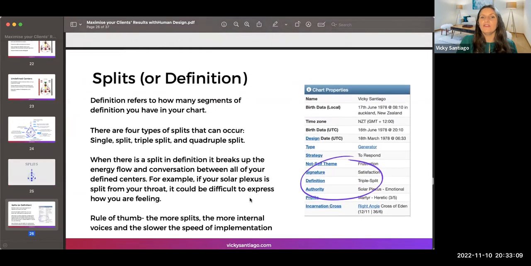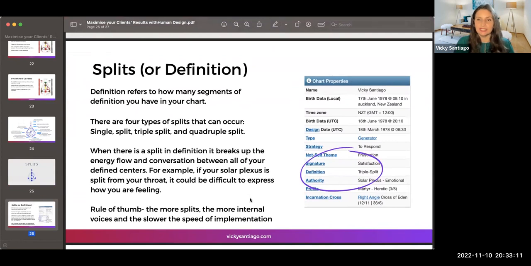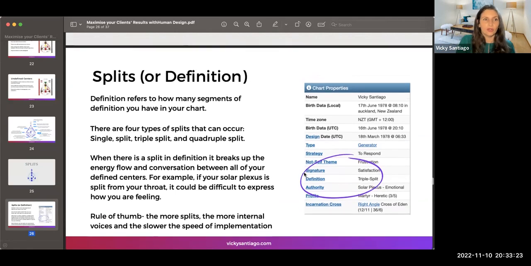So you'll find if somebody has a split, you will find it actually listed here on their chart. So definition actually refers to how many segments of definition you have in your chart. So let's just go back.